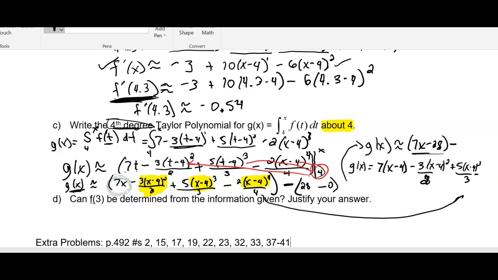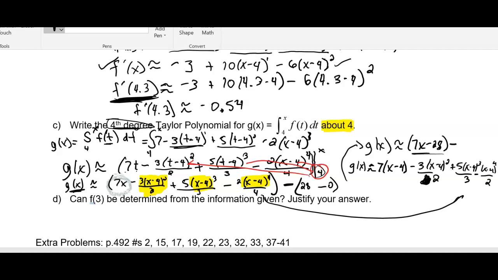Then we can actually reduce a little bit, they wouldn't care about the reducing though. There, that is your 4th degree Taylor polynomial, centered at 4 now, like it is supposed to be. That would be our final answer. Pretty sneaky stuff.